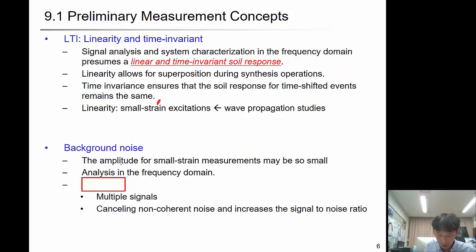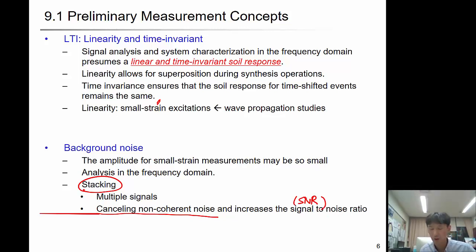And for background noise, the amplitude for small strain measurements may be so small. Stacking will be useful to cancel the non-coherent noise and ambient white noise and increase the SNR, the signal-to-noise ratio.